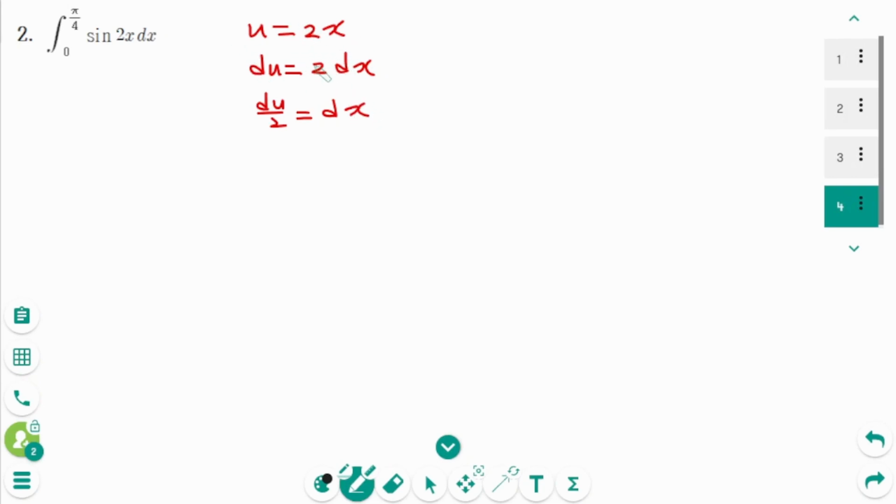Let's change the upper limit. When x equals pi over 4, u of pi over 4 equals 2 times pi over 4, which is pi over 2. The new upper limit is pi over 2. Now when x equals 0, then u of 0 equals 2 times 0 equals 0.